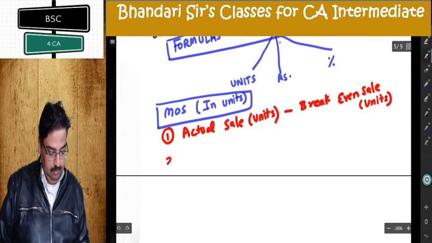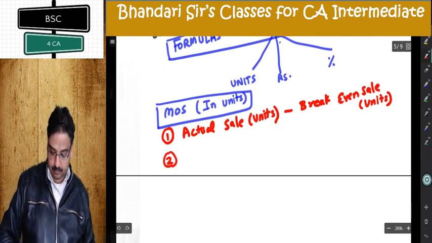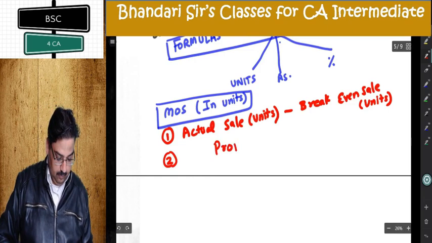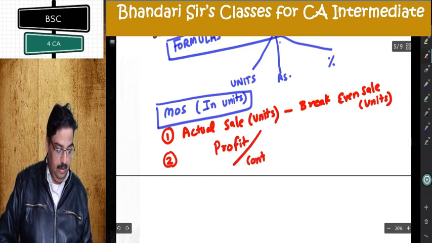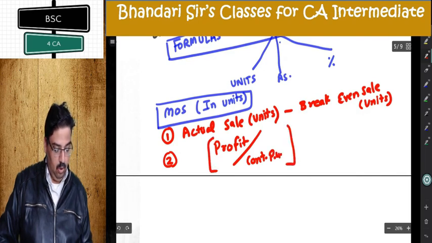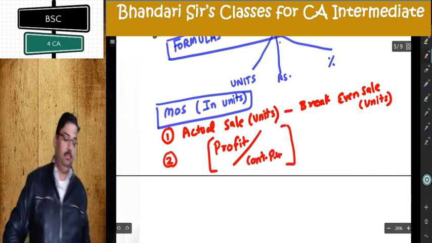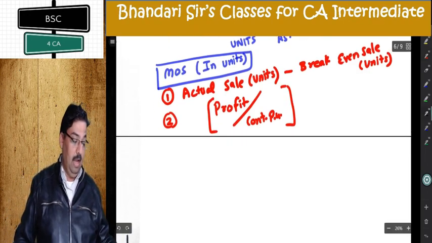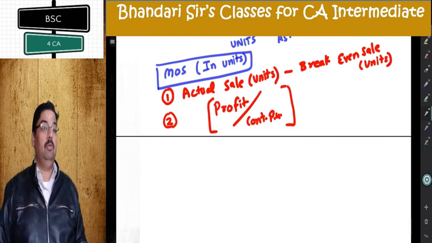Second formula for the same: profit divided by contribution per unit. Now, how did I get the second formula? The second formula has been derived from the first formula.